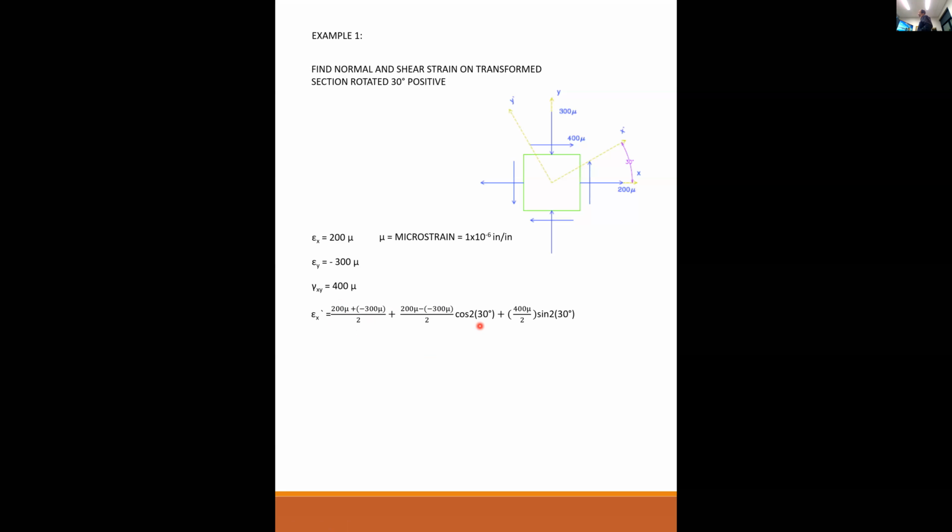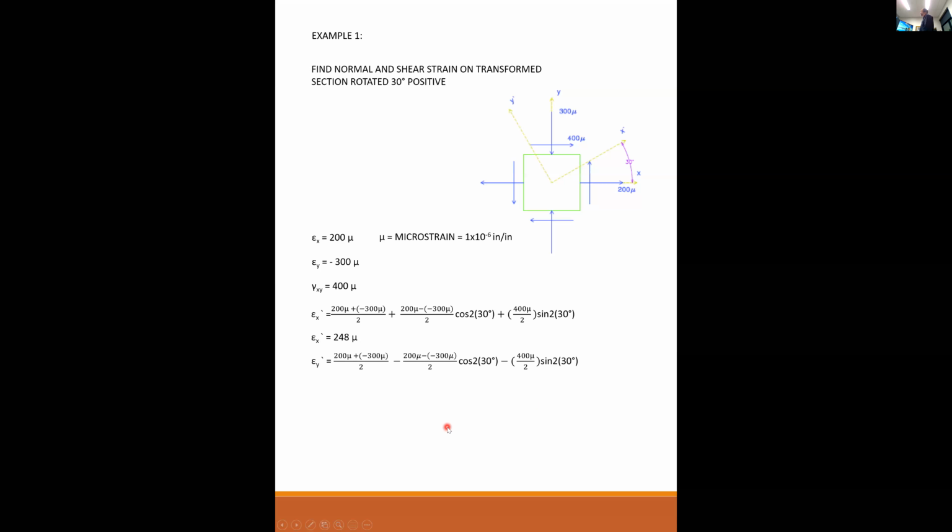Cosine of 2 theta, where theta is 30 degrees positive, which is 30 degrees counterclockwise, plus 400 over 2 sine of 2 times 30. We get epsilon x prime is 248 mu.